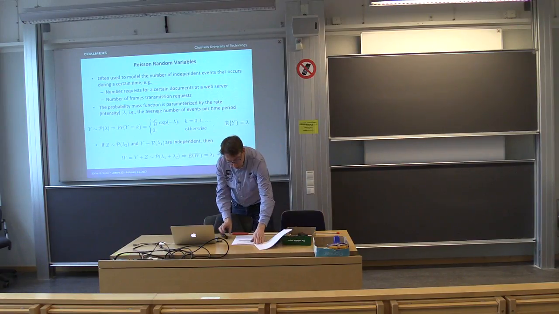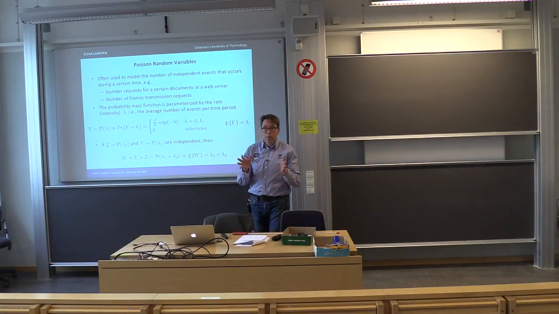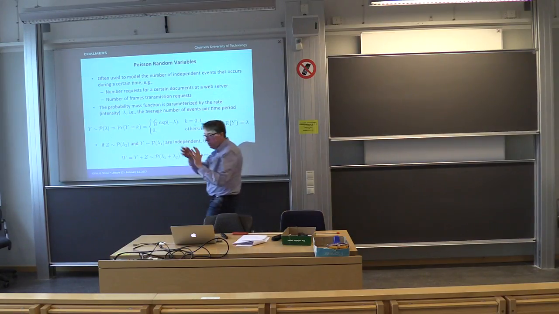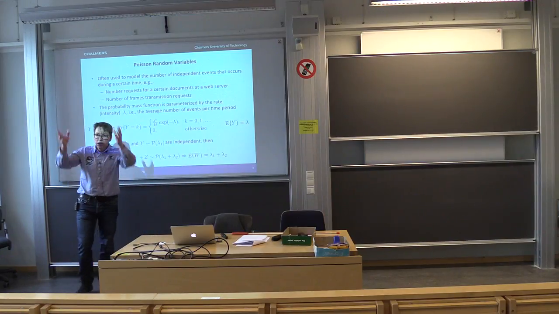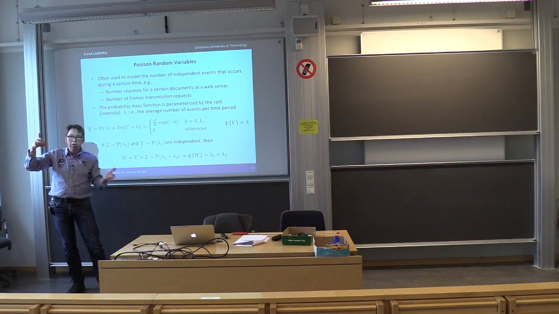Now we did a quick tour into some math, because what we want to do now is to model how frames are arriving for transmission. So if I'm the medium access control layer here, I get frames from above. How do I get them? Do I get them regularly, or do I get them at random times?